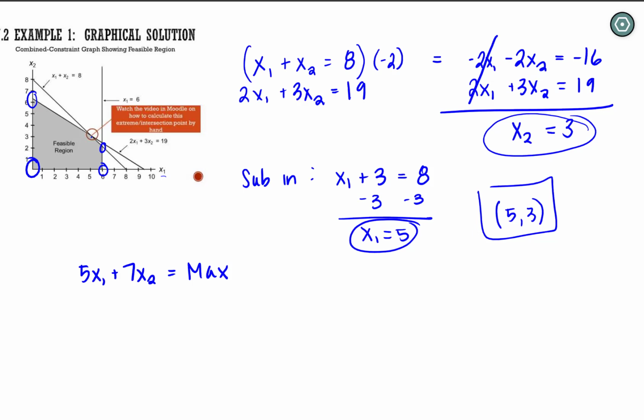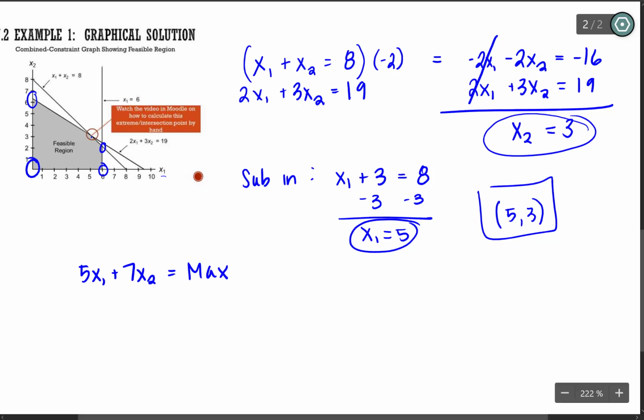So if we calculate the value for this point (5, 3), we're going to sub in our x1 and our x2 values. So 5 times 5 plus 7 times 3 equals 25 plus 21, or 46.